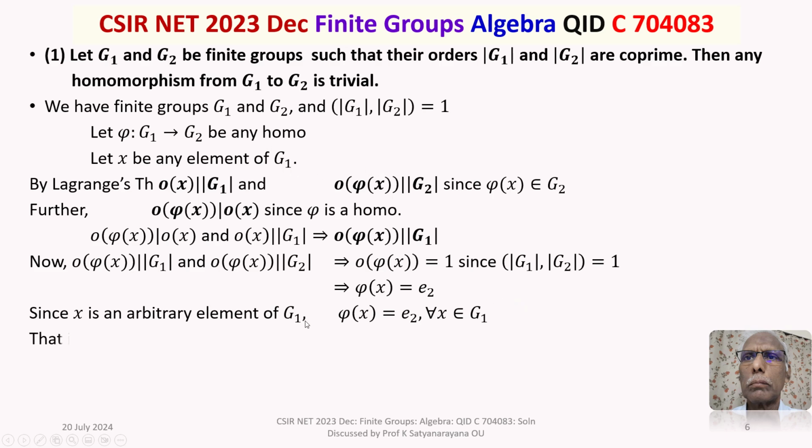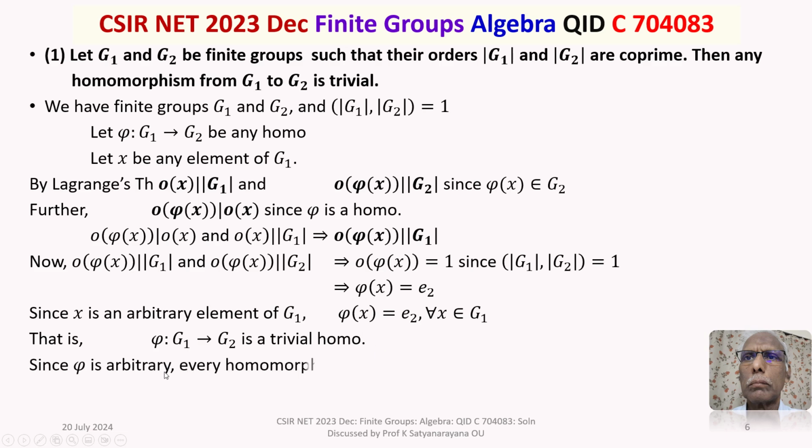Since phi from G1 to G2 is an arbitrarily taken homomorphism, phi of x is equal to E2 for all x belongs to G1. That means phi from G1 to G2 is a trivial homomorphism because x is an arbitrary element.